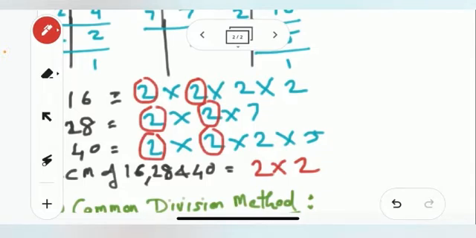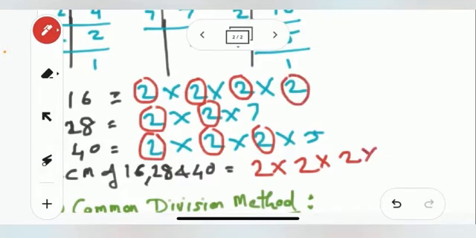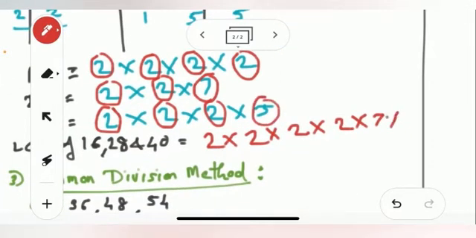Now here, whatever is common, that I will write. Here this 2 I will write once. I'll write this 2. Whatever is remaining, you will write all those numbers once you finish writing the common ones.